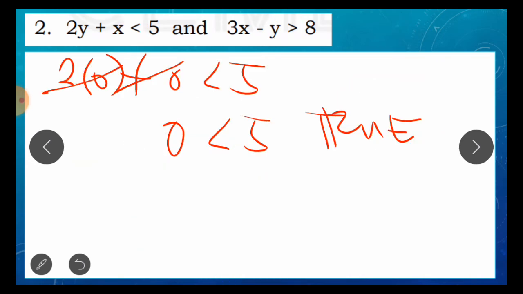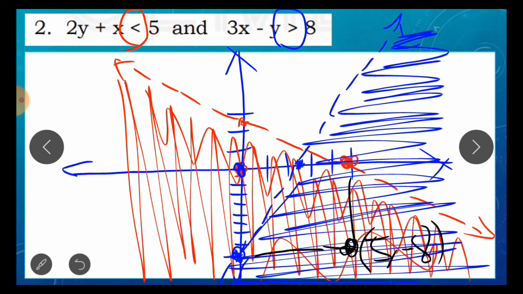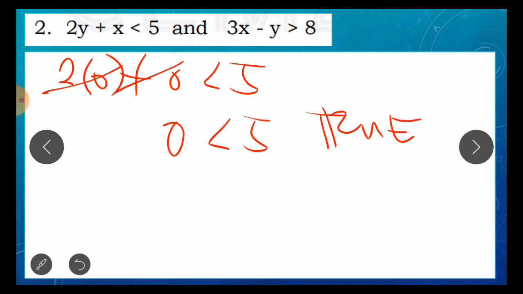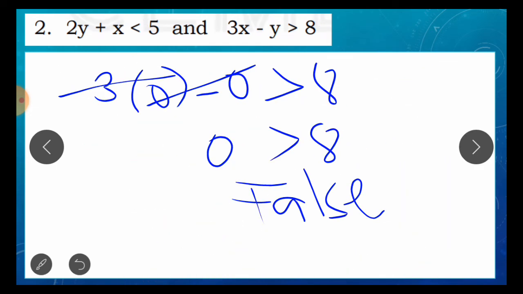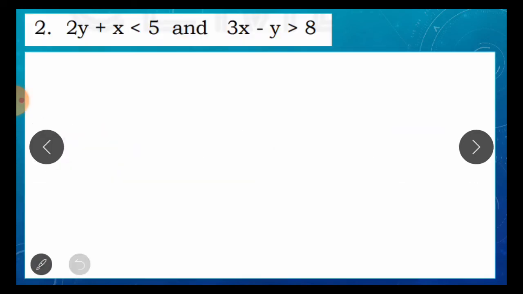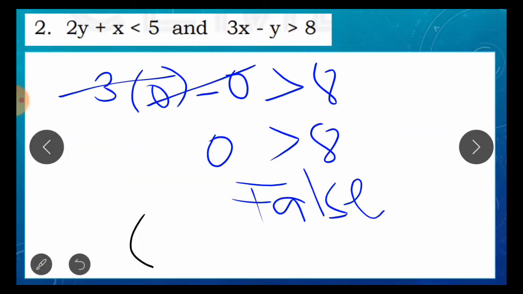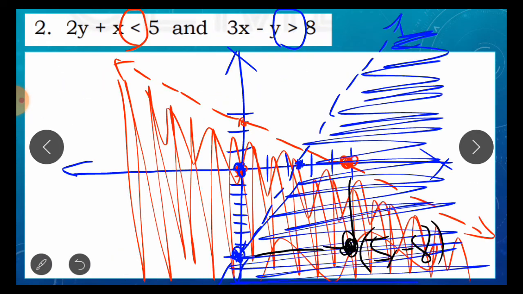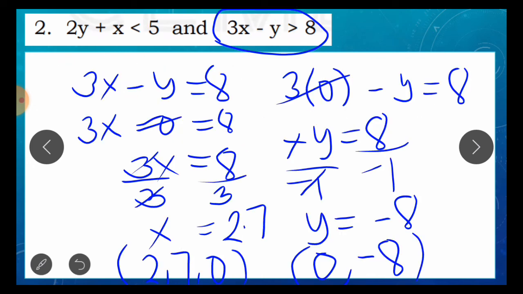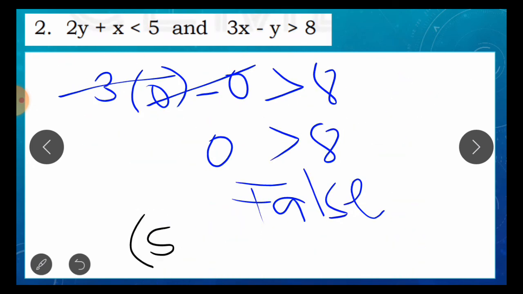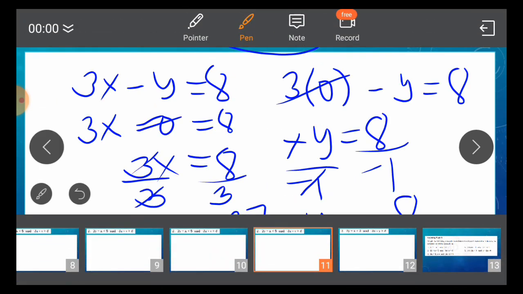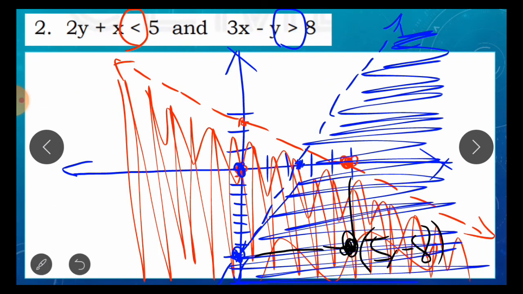So that is one point already: positive 5, negative 8. You can also have the next point here.